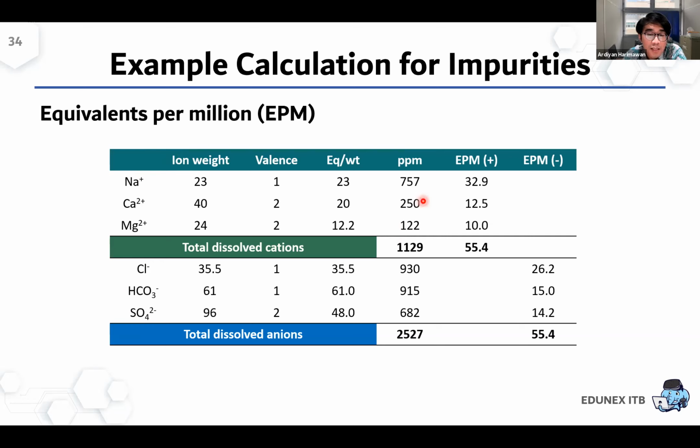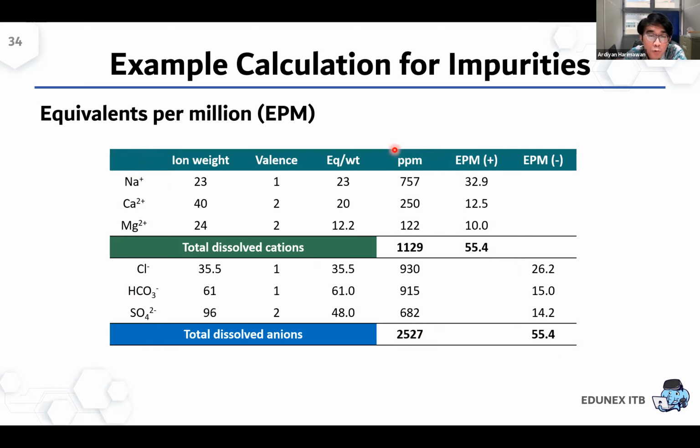Angka-angka ini didapatkan dari pengukuran konsentrasi dari senyawa-senyawa. So if the measurement already represents all the dissolved solids in the water, when you convert it into EPM, the totals should be the same.